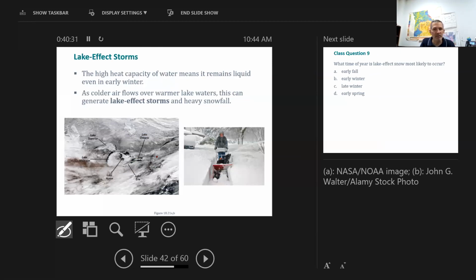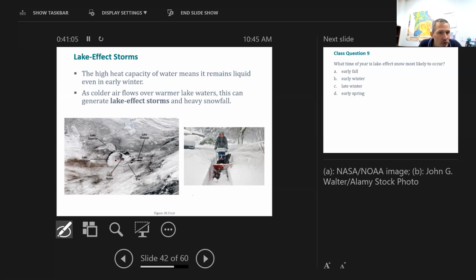Some other local effects are these lake effect storms. If we look at the Great Lakes, winds in the mid-latitudes are from the west to the east. In late fall, early winter, the water is going to be a little bit warmer than the air, and so you're going to get a lot of evaporation taking place on the Great Lakes.